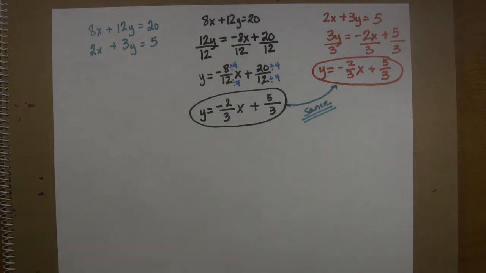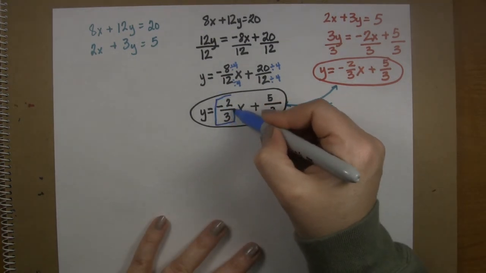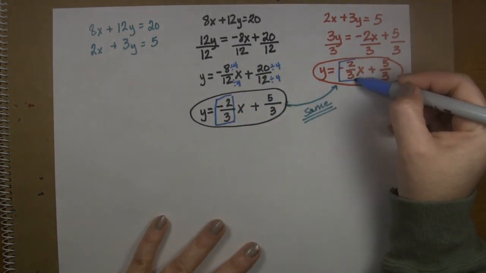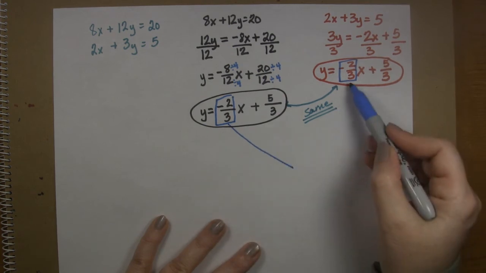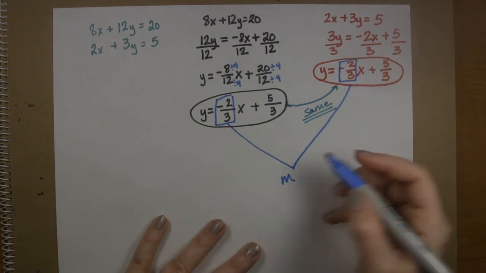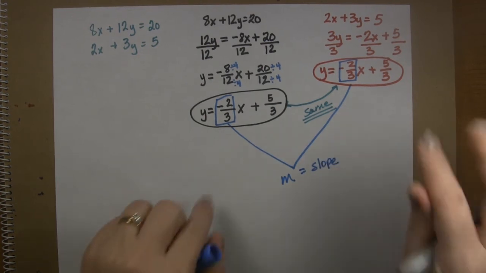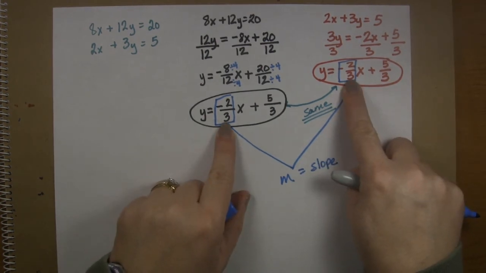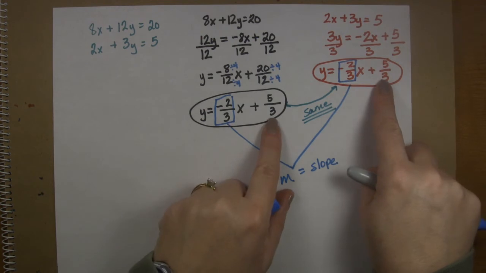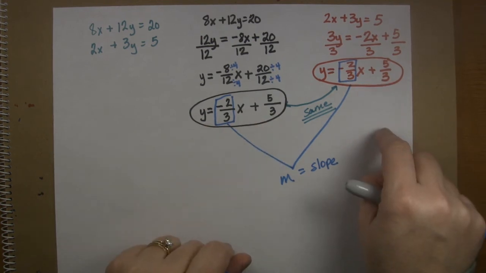Now remember, this first number here, the one before the x, the coefficient of the x, this is your m value, right? And that equals your slope. So if your slopes are the same but your y-intercepts are different, then you know that you have parallel lines.